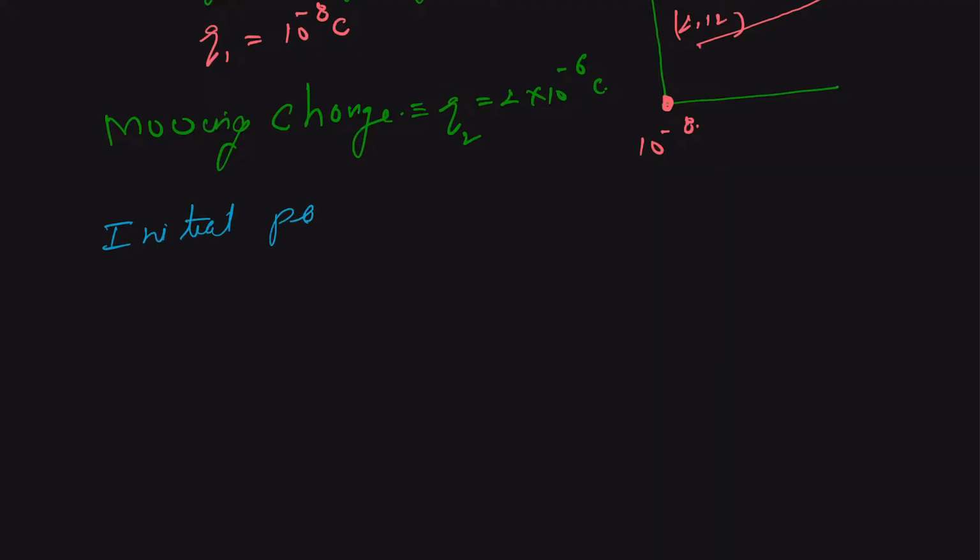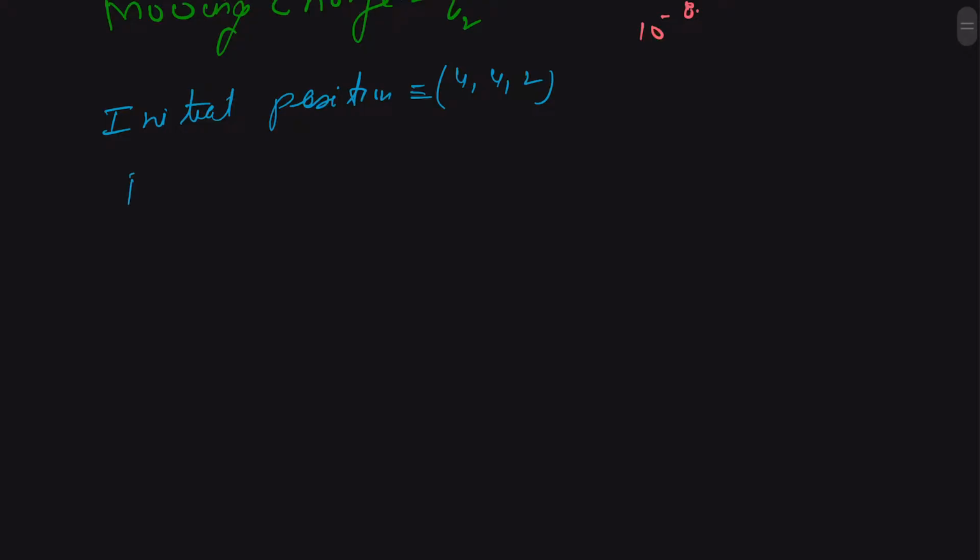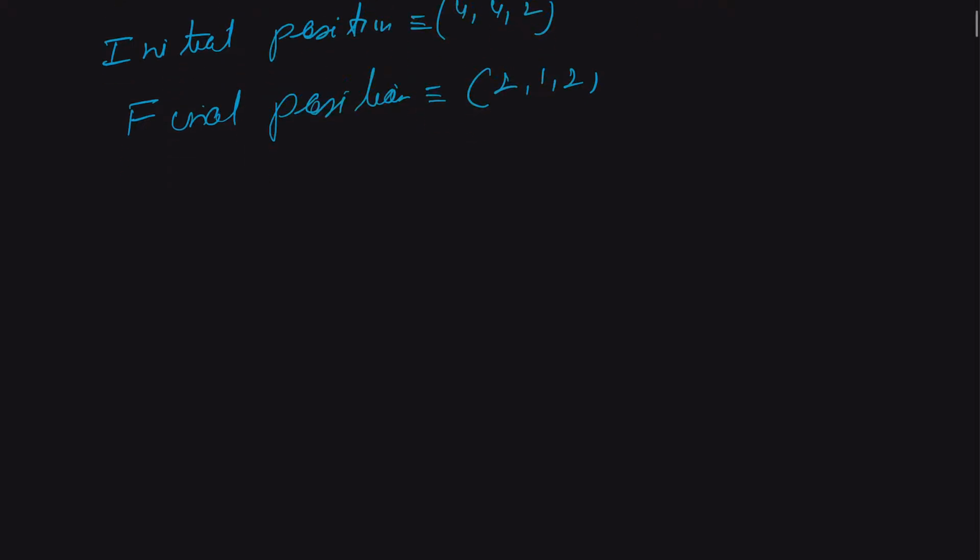The initial position of this Q2 is 4, 4, 2, and the final position is 2, 1, 2. It is given that the charge is being moved slowly. Therefore, we can say that the work done by the external agent will be equal to the difference in the energy.